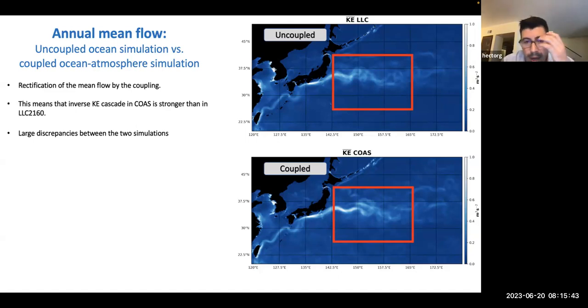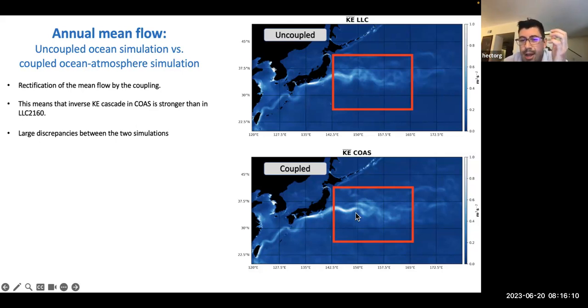And again, we have these two options. One is a coupled simulation, this is the bottom one, and the well-known LLC simulation, which is an uncoupled simulation. And here I'm showing the annual kinetic energy in the Kuroshio extension and the Kuroshio current. And as you can see, by eye, there is a big difference.